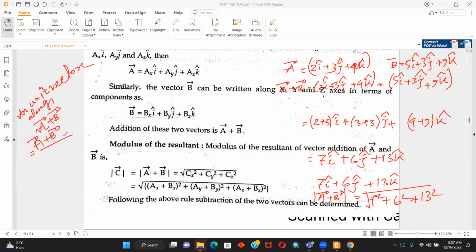Not a plus b, but the modulus of a vector plus b vector. All right. Now we have already calculated it. A vector plus b vector was 7i plus 6j plus 13k over square root of 7 squared plus 6 squared plus 13 squared.